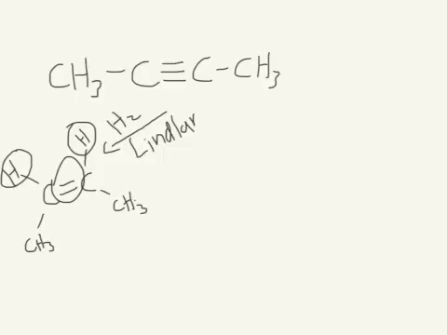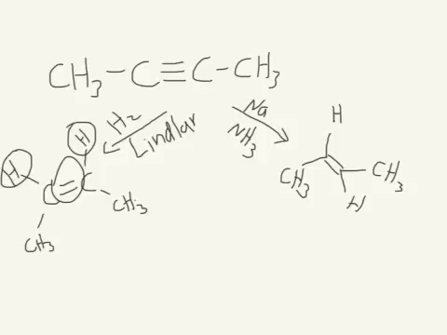Another way to add hydrogen to an alkyne is through ammonia. So in the presence of sodium or lithium and ammonia, the mechanism will be different, and in that case you'll get a trans alkene formed, where the hydrogens come on from different directions.